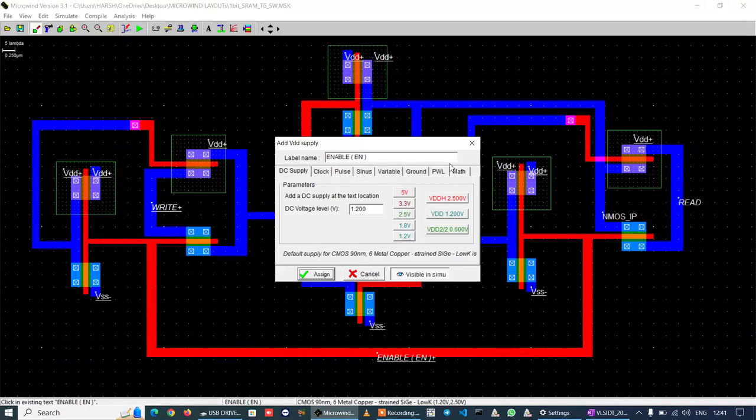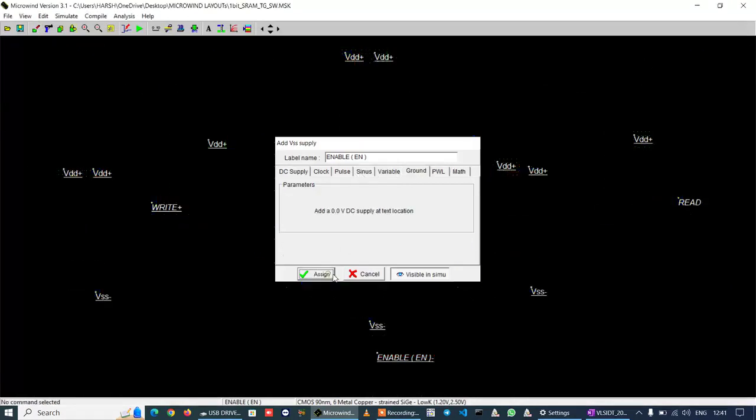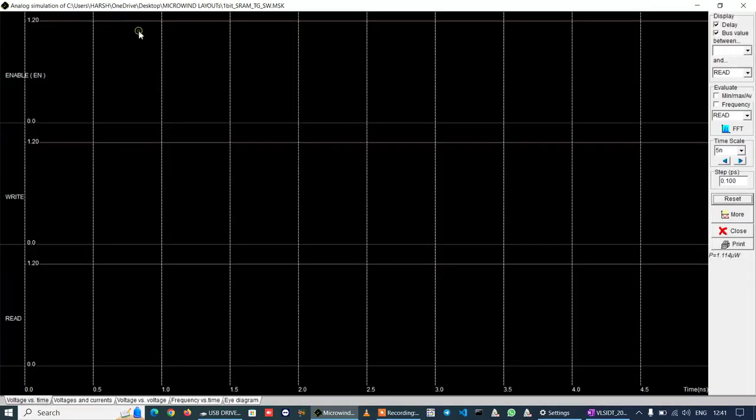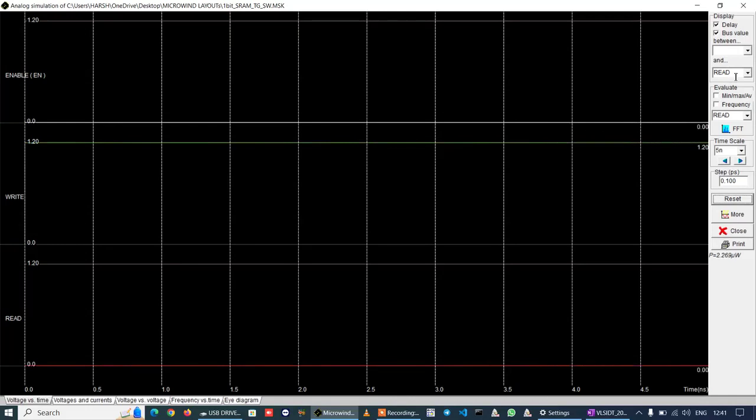For enable equal to 0, write equal to 1, we are obtaining a read equal to strong 0. Let us change the write to 0.